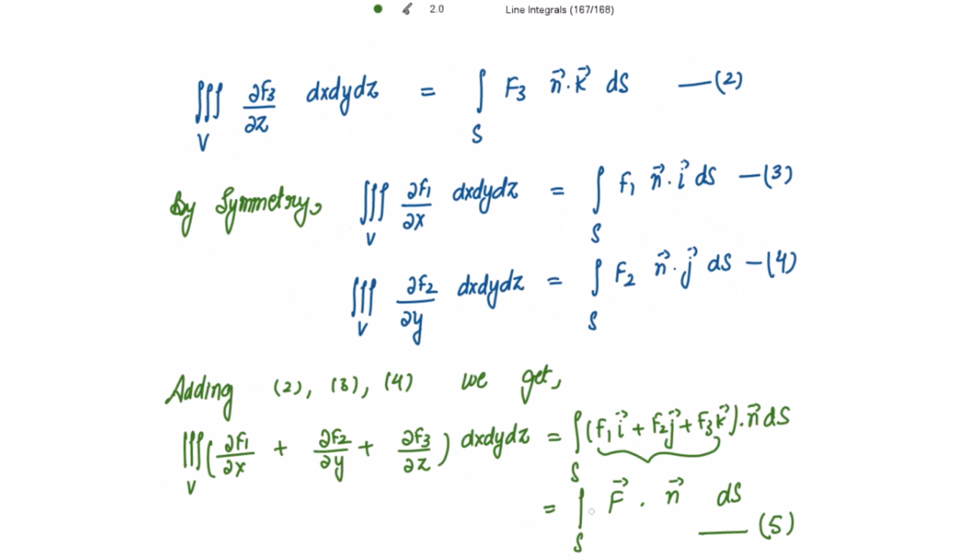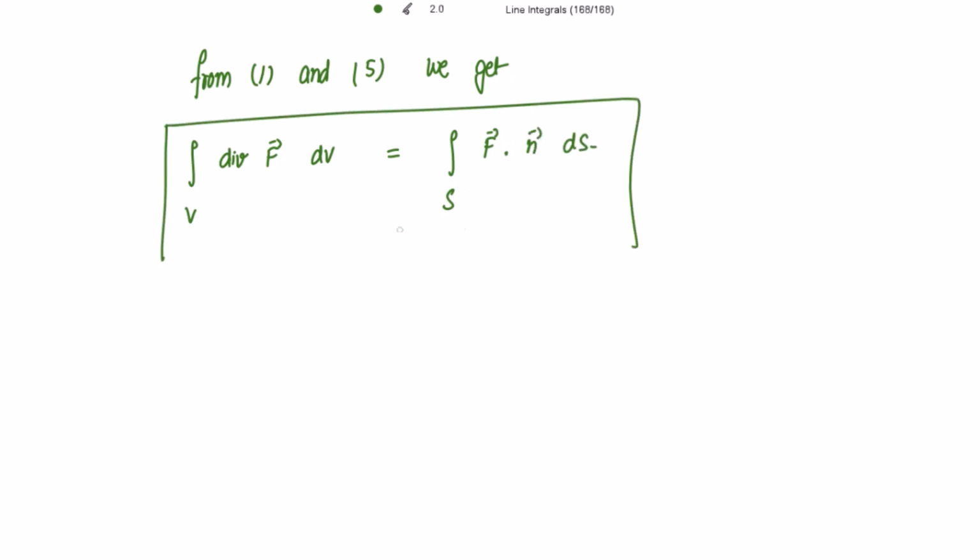So from 1 and 5 we get the volume integral of divergence of F vector dV is equal to the surface integral of F vector dot product with n vector ds. That is the result for Gauss's divergence theorem. Alright, thank you.